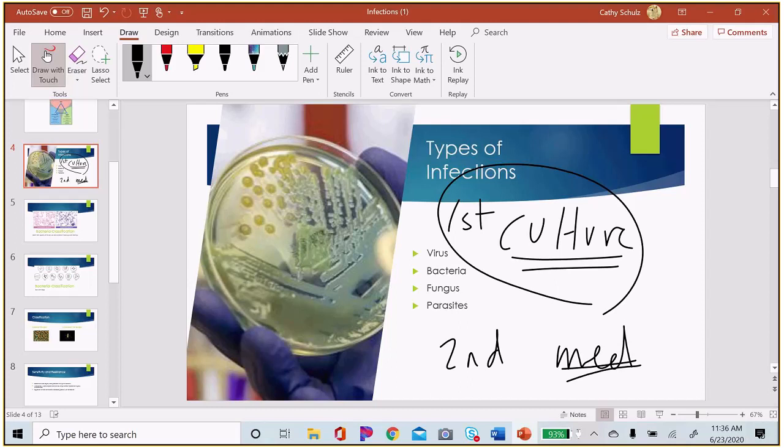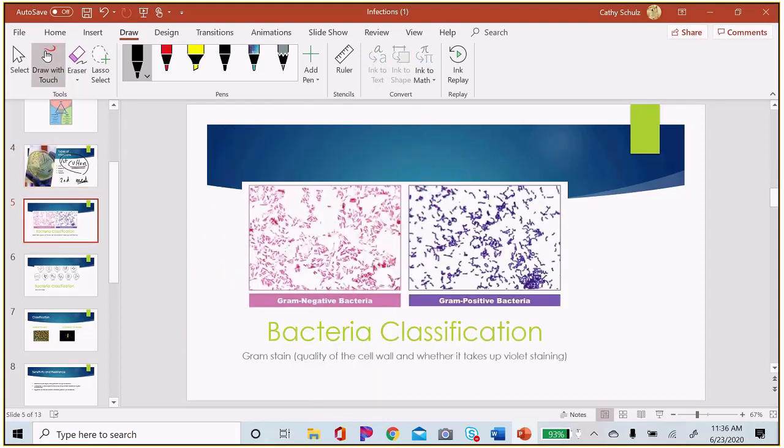And then if a culture for bacteria is done, there are certain things that are done to test the bacteria, to try to name it and discover what type it is. The first thing that's done is it's stained with a special violet stain to see if it's a gram-negative or a gram-positive bacteria.